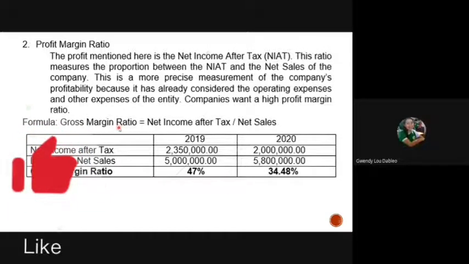Okay, so we have here for the year 2019, the profit margin ratio is 47%. Then for the year 2020, our profit margin ratio is 34.48%. Now, our analysis or interpretation is that the company earned 0.47 peso for every 1 peso of sales in the year 2019.